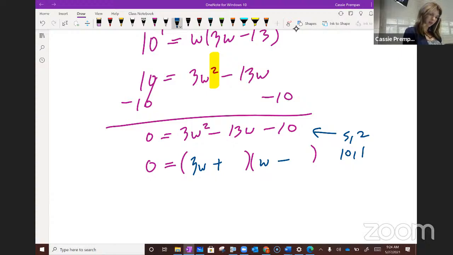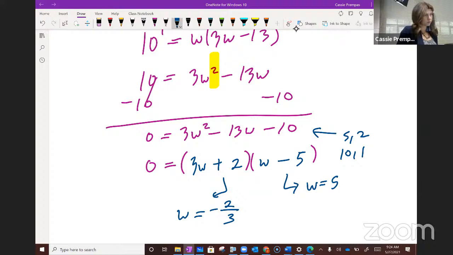If I make the 5 here and the 2 here, negative 15w plus 2w does equal negative 13w. Then we set each factor equal to 0 and solve, so we get w is equal to 5, or w is equal to negative 2/3.